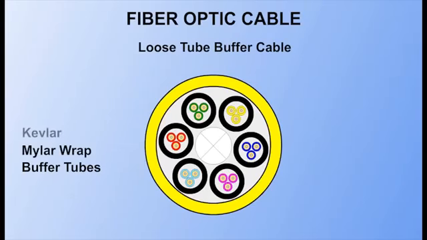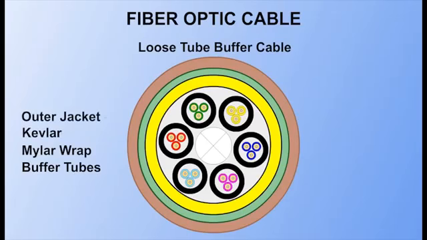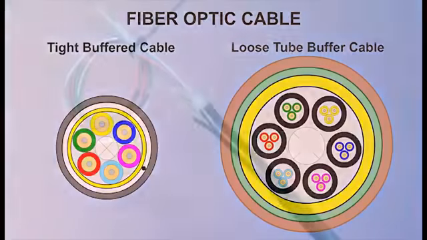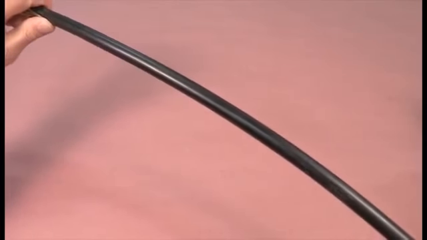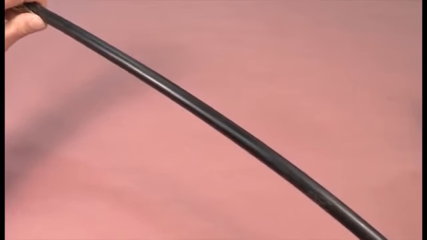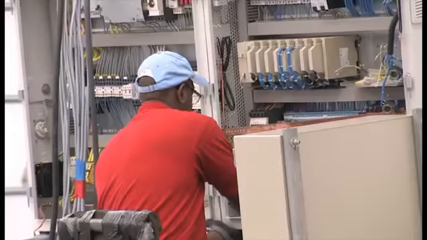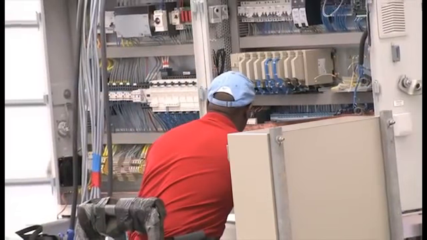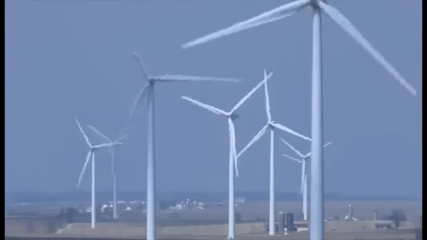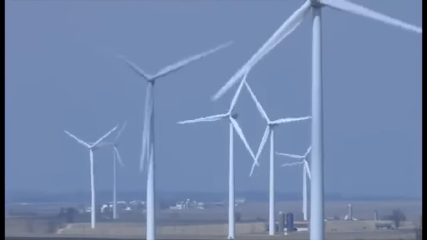The addition of buffer tubes and other protective layers causes the cable diameter to be larger and the cables to be less flexible. It also means that tight buffer cables are more easily damaged than loose buffer cables. These factors make tight buffer cables more appropriate for indoor use and loose buffer cables primarily for outdoor use.